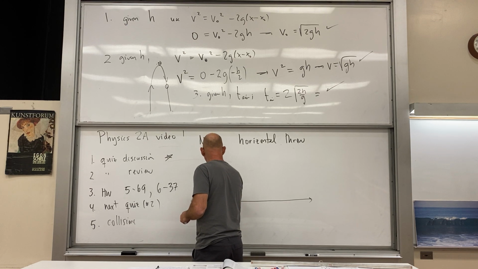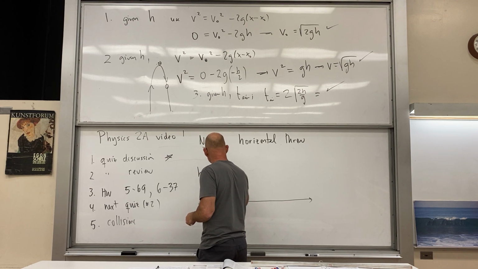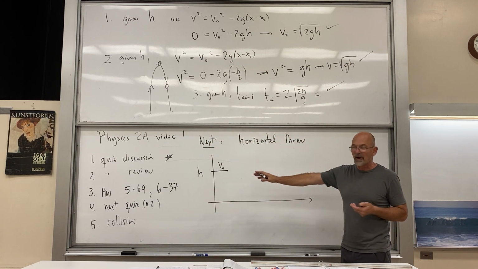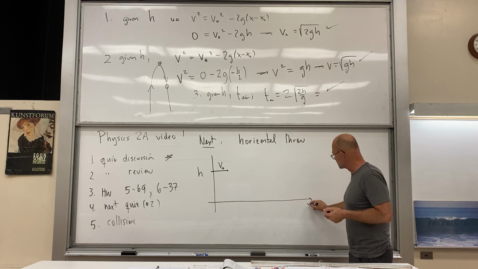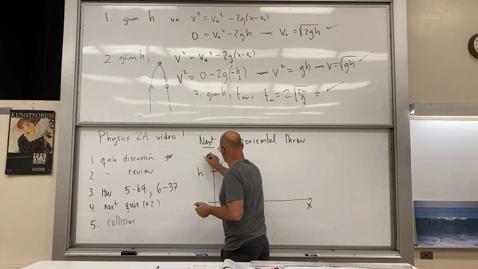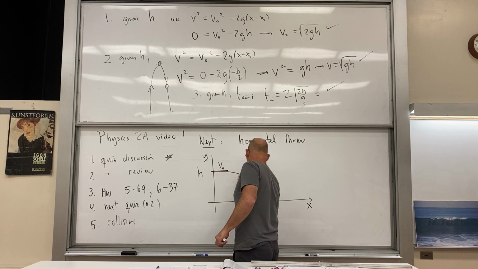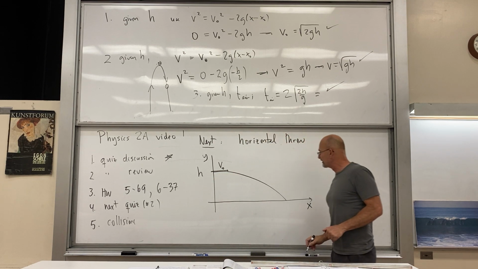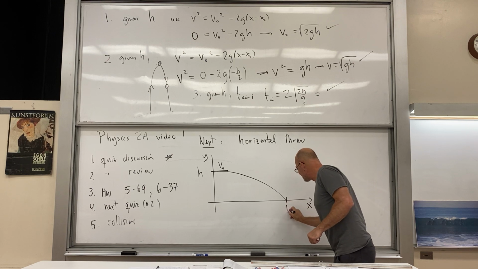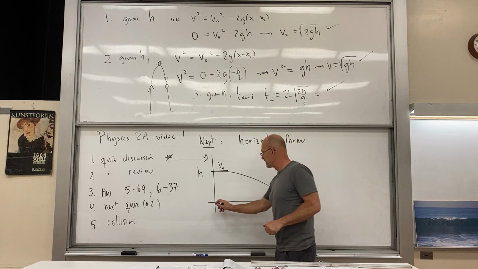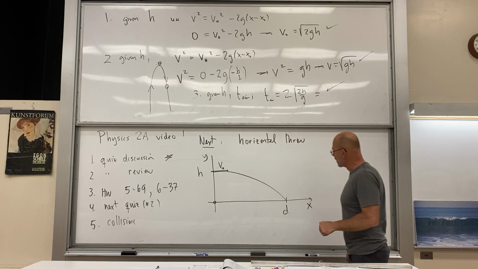We throw something from initial height h with initial speed v0, and it's understood that that's v0x, the x direction that it's being thrown in. And what happens is, like when you throw a baseball or anything like that, it ends up at a distance d from the base of where it was launched from.